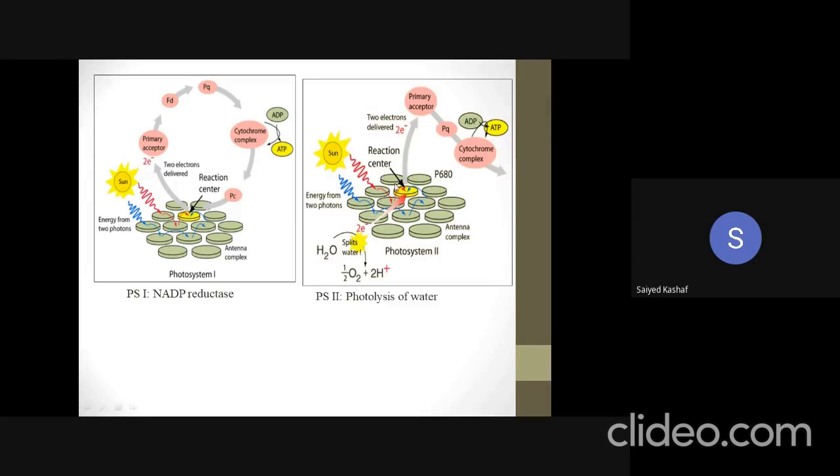The same mechanism occurs in this also, but the only difference is that when the electron is excited and the primary electron acceptor accepts that electron, the same mechanism happens, the formation of ATP.